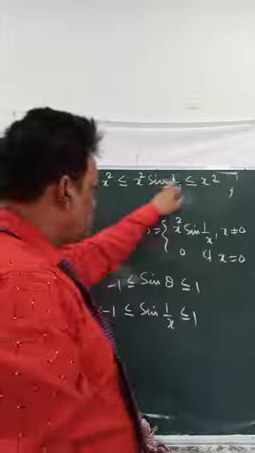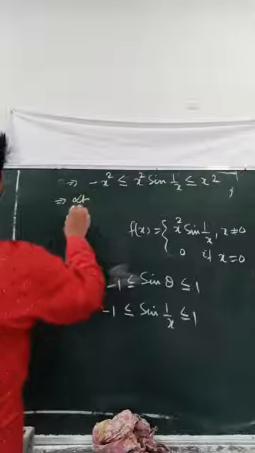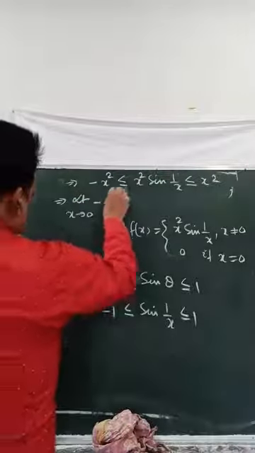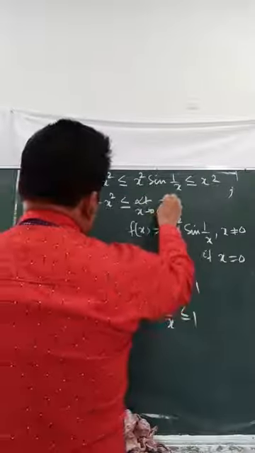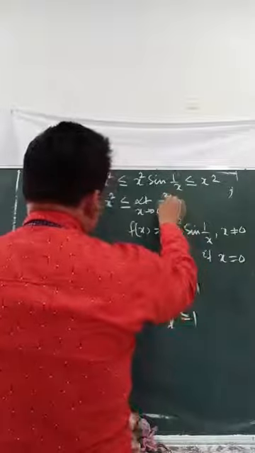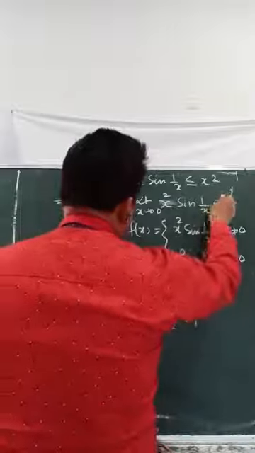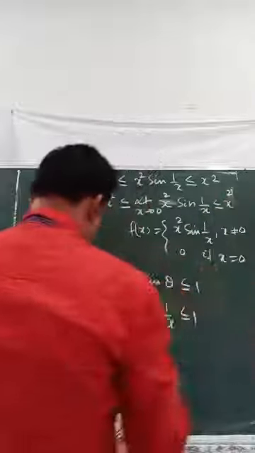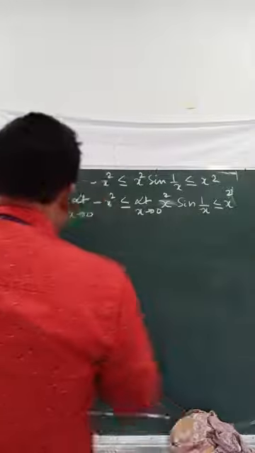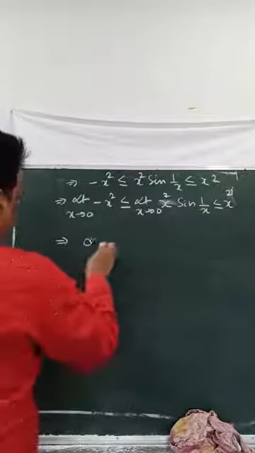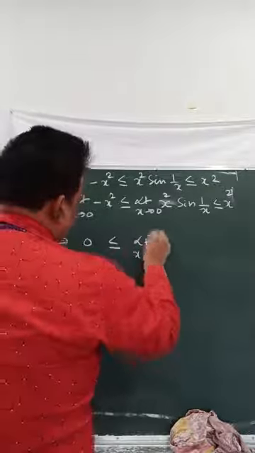So multiplying x square to all, then you are taking the limit as x tends to 0 of minus x square, the limit as x tends to 0 of x square sin 1 upon x, less than or equal to x square. So this implies 0 less than or equal to the limit as x tends to 0 of this, our f(x).